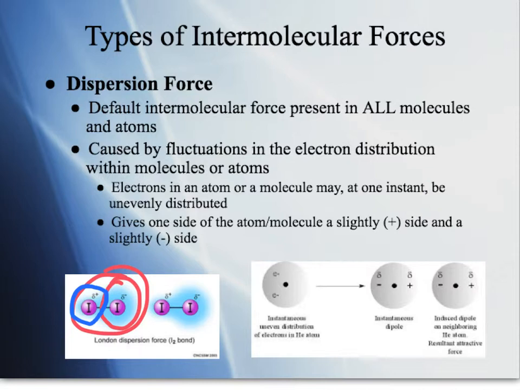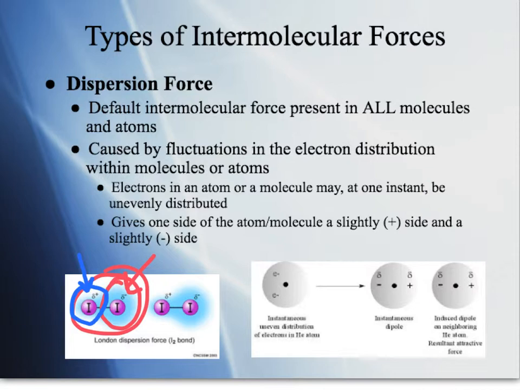That's going to lead to slightly negative and slightly positive sides of these molecules. Not intentional, not full charges, just slight. The side that has more of the electrons at this instant is going to become slightly negative, and the side that has fewer electrons is going to become slightly positive, because remember, electrons are negatively charged.